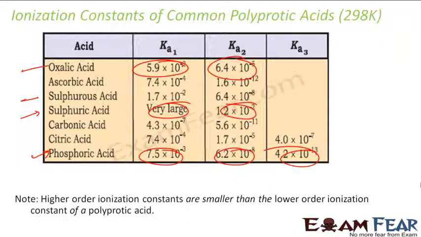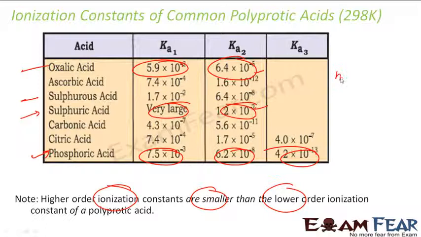And please note, the higher order ionization constants are smaller and the lower order ionization constants are bigger. Why? The next ionization will not happen so easily.